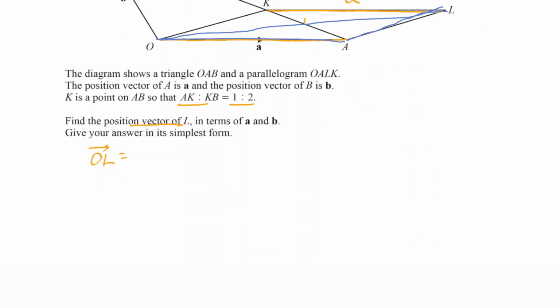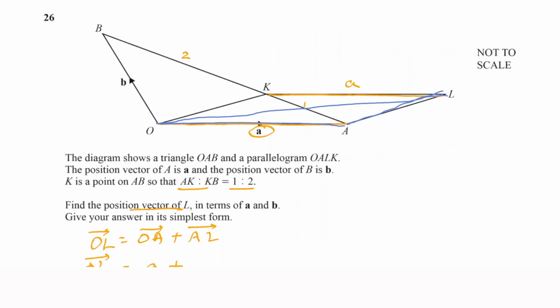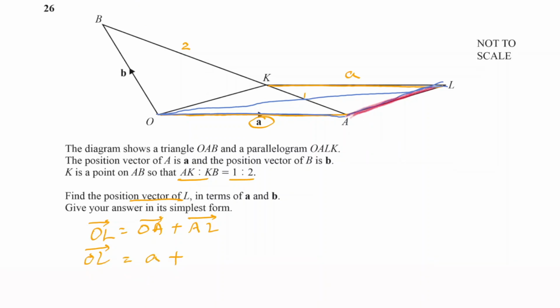OL is equal to OA vector plus AL vector. Now what is OA vector? OA vector is A. What is AL vector? We can find that one. See, this AL vector is equal to AK plus KL, right?